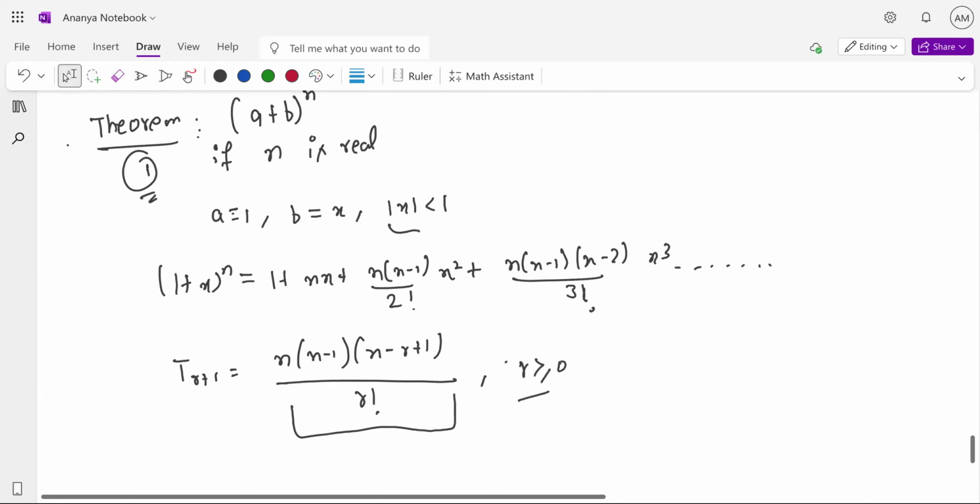Now if my x is very, very small, then what can I say in this case? Sir, for very high, large values of r, it is almost zero. Yeah, actually what happens when you go in this way? Your x is very, very small, right?